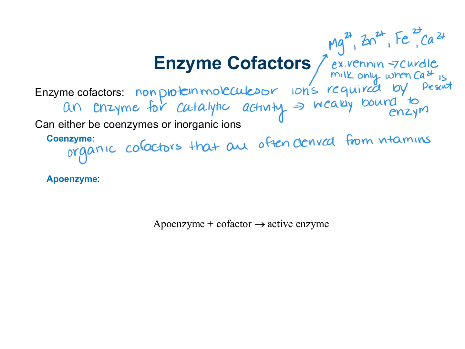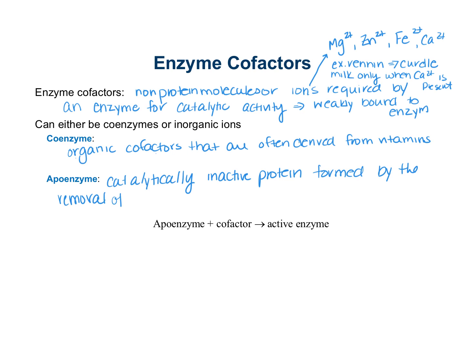Now, the protein portion of the enzyme that requires the cofactor is called an apoenzyme. So this is just the catalytically inactive protein formed by the removal of the cofactor from an active enzyme.